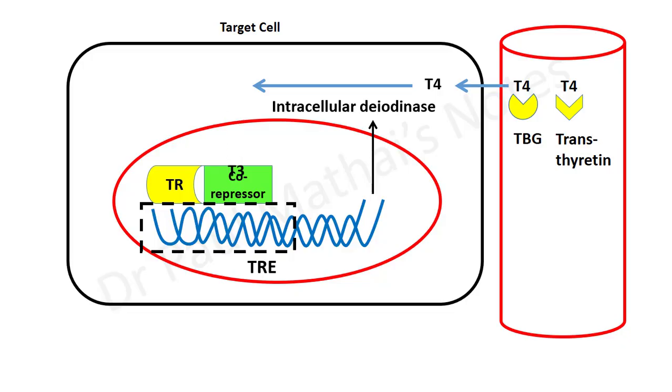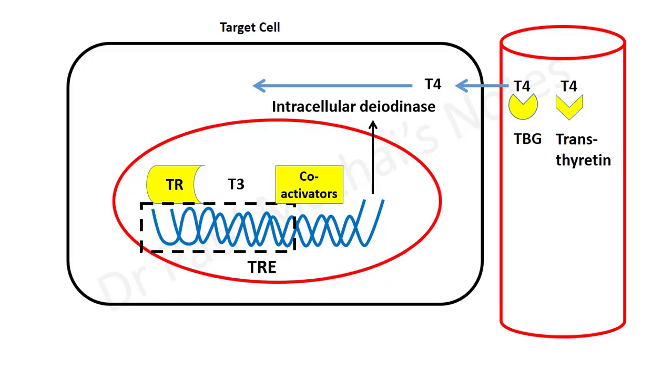T3 enters the nucleus and displaces or reduces the affinity of co-repressors. The co-repressor is replaced by co-activators. So the conformational change that T3 produces makes the affinity of the thyroid receptor much more towards the co-activators.